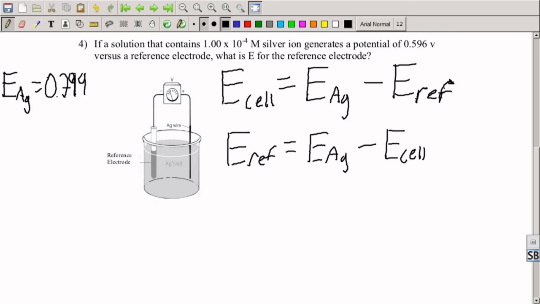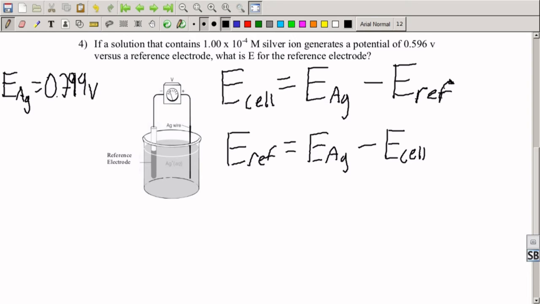For copper, there's copper 2 to copper metal. We dealt with that one in class. There's also copper 1 to copper metal, and there's copper 2 to copper 1. So the 0.799 volts that we're using here is the half potential for silver ion to silver metal reduction versus standard hydrogen electrode.